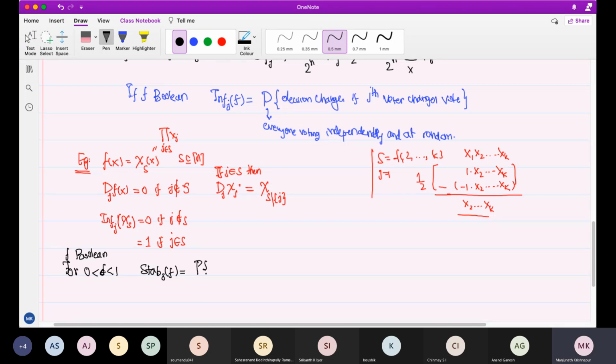It is the probability that f(x) is not equal to f(y). What are x and y? x is first of all random, so independent random plus or minus 1 votes. And y is, what you do is with probability 1 minus delta, y_i for each i.